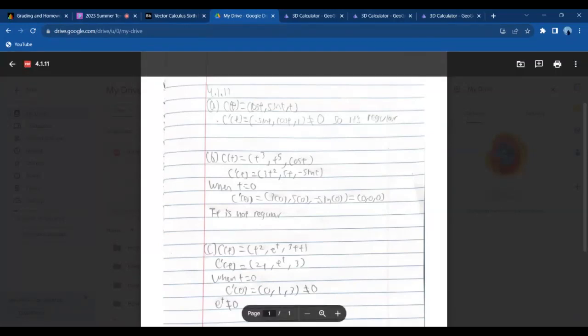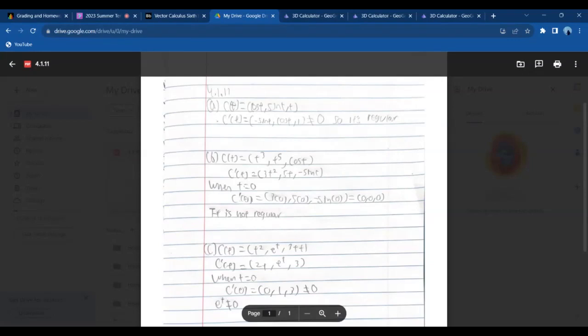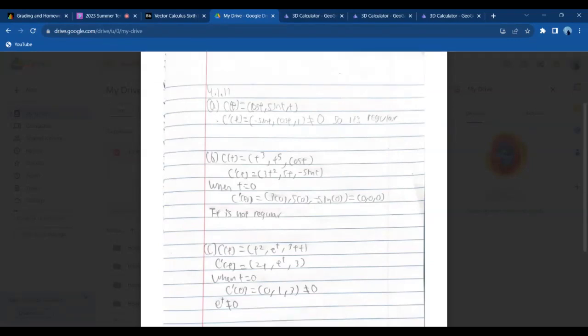So mathematically, we can find that out for A, where c of t is equal to cosine t, sine t, and t. You just take the derivative, which is negative sine t, cosine t, and 1. Obviously, because we have a constant, it will never change. Thus, it cannot equal the null vector.